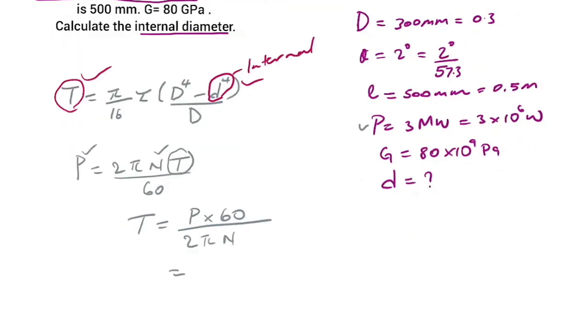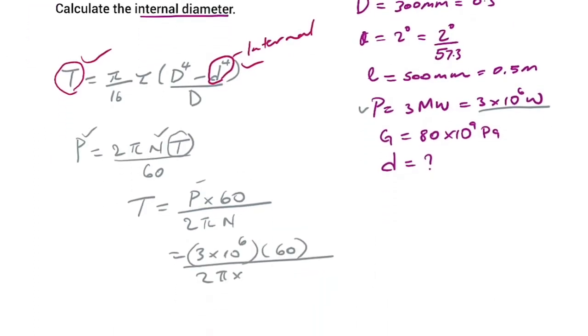Here the power is 3 times 10 to the exponent 6, then times 60, then divided by 2 times pi times the rotational speed, which is 150. Don't worry about the conversion.